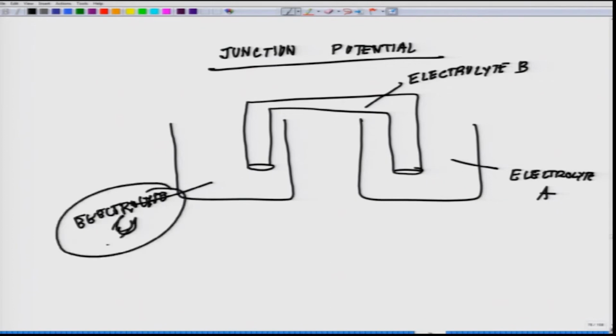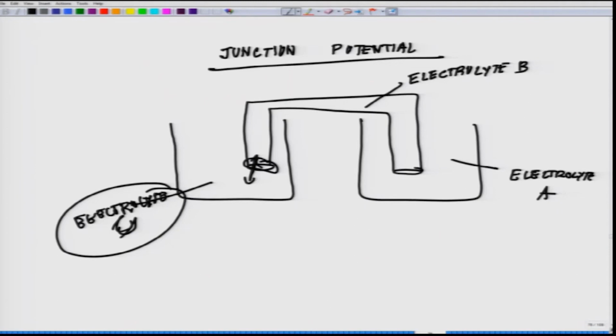Now, whenever dissimilar electrolyte solutions are in contact, a voltage difference is created across this, which is called the junction potential. This is a small voltage, usually a few millivolts, found at each end of the salt bridge connecting the half cells. The junction potential puts fundamental limitations on the accuracy of direct potentiometric measurements, because we usually do not know the contribution of the junction to the measured voltage.